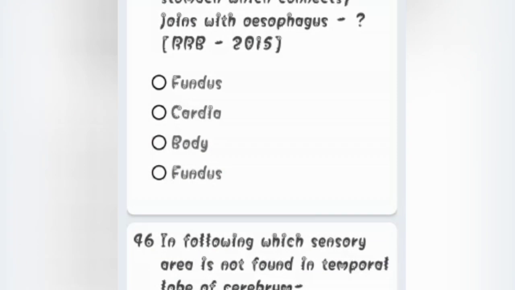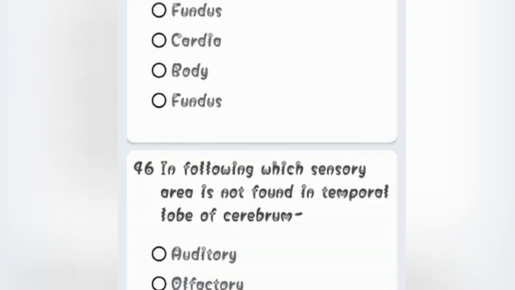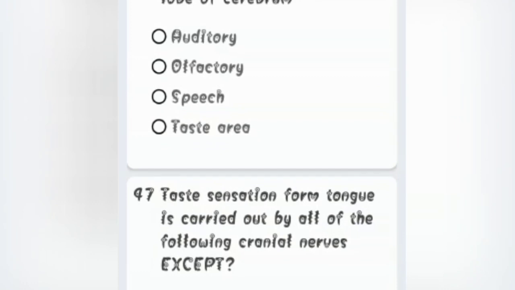Option A fundus, option B cardia, option C body, and option D fundus. The answer will be option B cardia. Next question 46. In following which sensory area is not found in temporal lobe of cerebrum? Option A auditory, option B olfactory, option C speech, and option D taste area. The answer will be option number D.